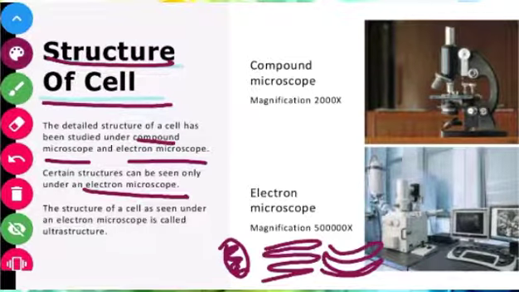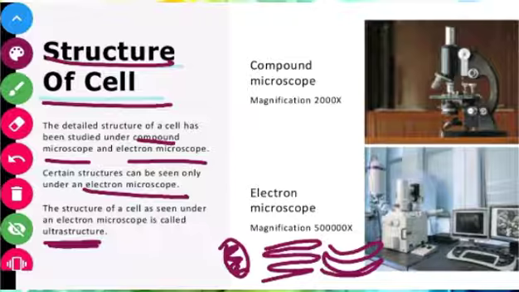The structure of the cell seen under the electron microscope is called ultrastructure. Ultrastructure means we can see in great depth under the electron microscope.